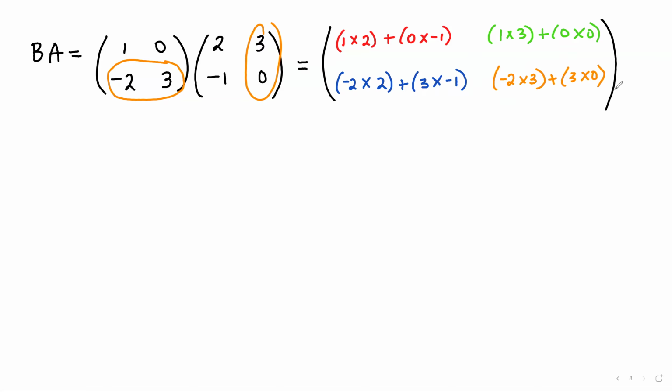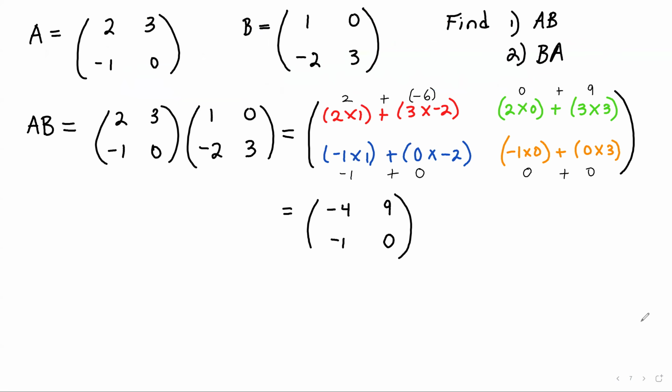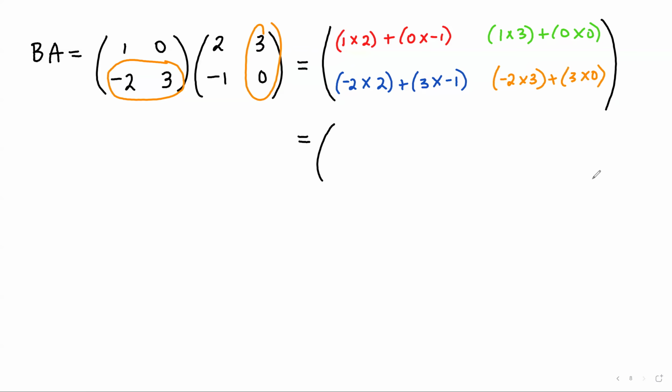Like I said, you could actually write it out if you want. You could write it out like this if you don't want to, like how before I was just writing it on top here. You don't have to do that. If you want to even make it clearer, you could write them out. So I'll say 1 times 2 is 2 plus 0 times negative 1, which is 0.